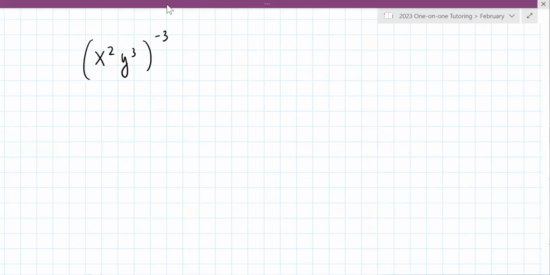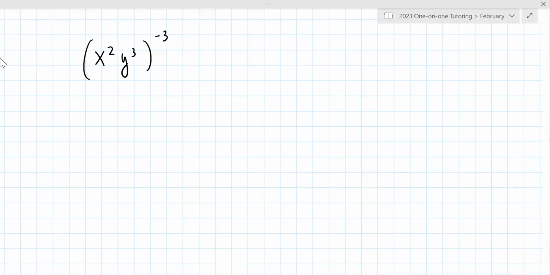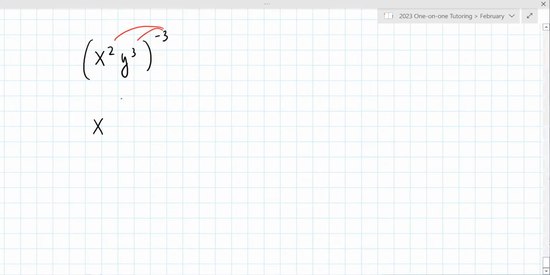Do you remember from the other day how you might attack a problem like this? Yeah. So you distribute the negative 3 to x squared and y cubed. Okay, so what would that become? X to what power? That would be x to the negative 6 and y to the negative 9.